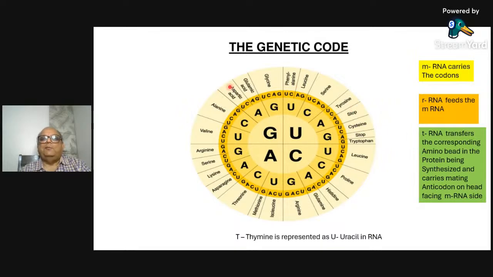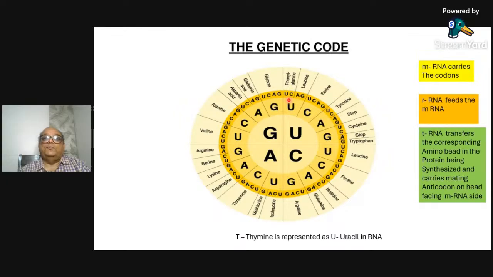And apart from 20 amino radicals which you see in this wheel, there are some codes which are reserved for start and stop, because there could be a framing error. Suppose you start after one pitch, the entire meaning of the genetic code will change. The entire sequence will change. It has to be read in the correct direction and starting at the correct point. Okay. Otherwise, it would mean something else totally.